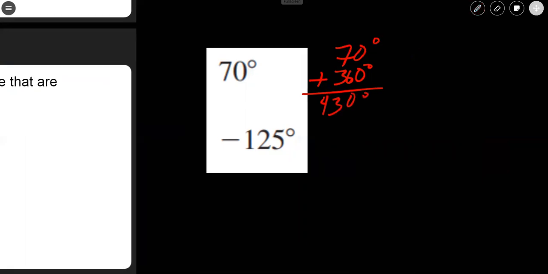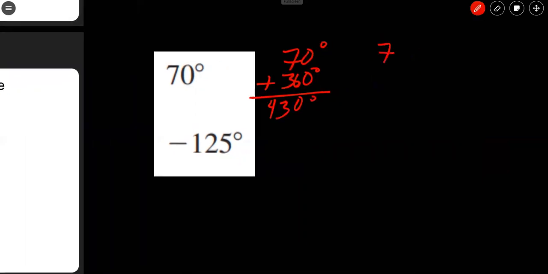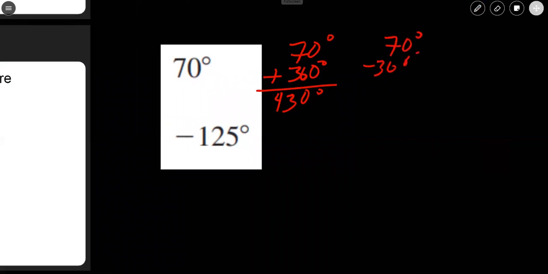That's a coterminal positive angle. If I want to find a coterminal negative angle, I'm just going to subtract 360 degrees from 70, and that's going to give me negative 290 degrees. These are all coterminal angles.